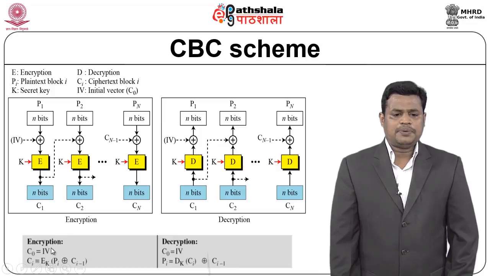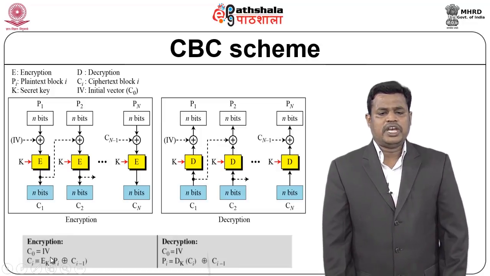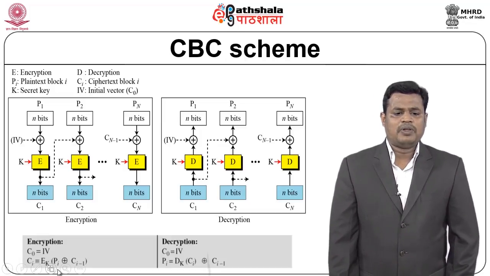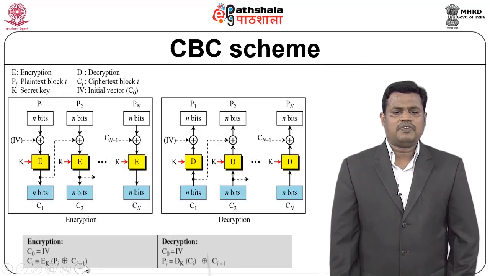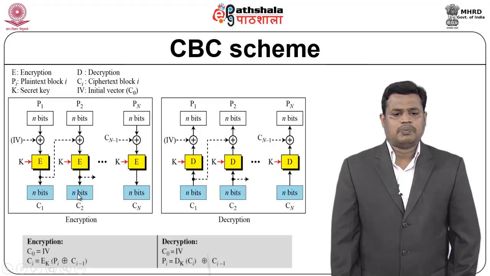In the encryption process, C0 is equal to the initial vector, and Ci, apart from E_K of Pi, also takes the previous ciphertext Ci minus 1 as one component of its input for the next block.